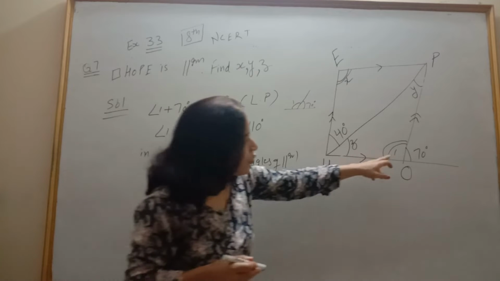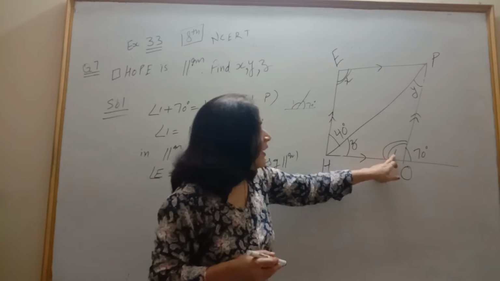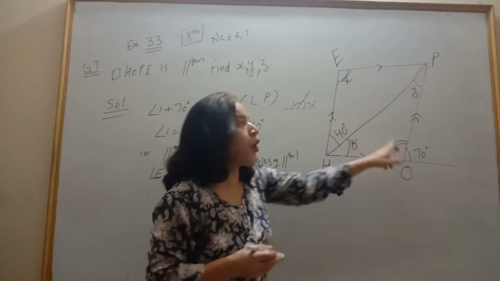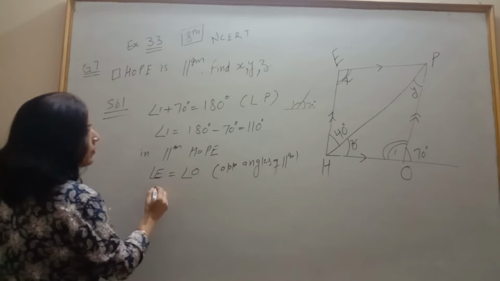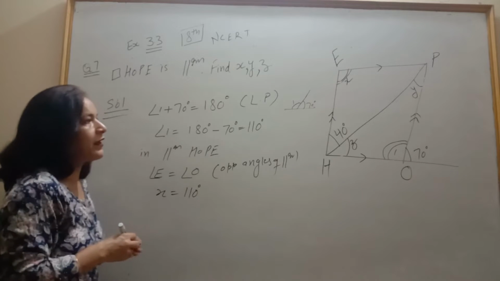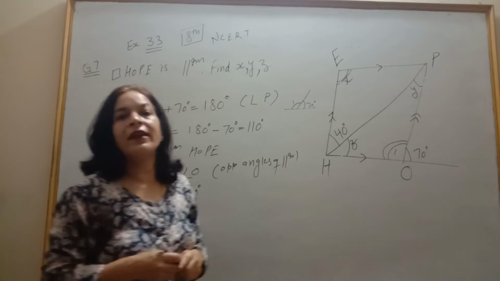By linear pair you find this 110. If it is 110, this will also be 110 because opposite angles are equal. So angle X is equal to 110 degrees. What is angle X? Angle X is 110 degrees.